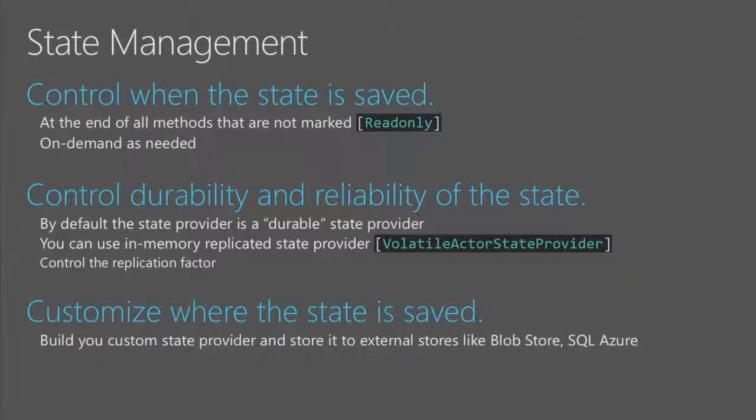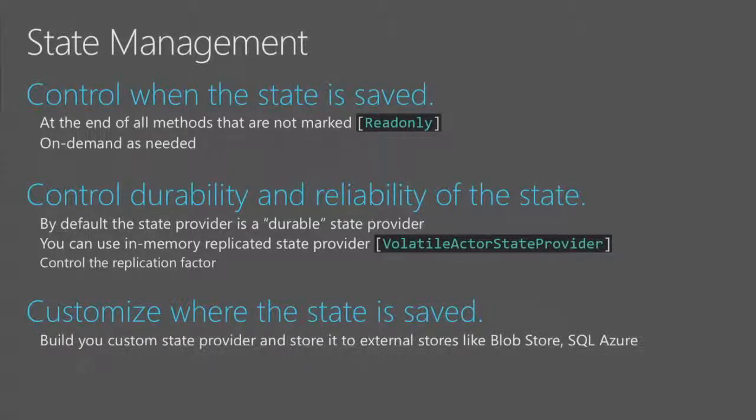Quick question. If you're saving into disk and you have quite a big state, there's obviously a penalty associated. Correct. So this is one of the differences between the actor programming model and the reliable services programming model. If you have seen the slide where we talked about the granularity, it is something that you do not control in the actor programming model. The entire state gets saved.